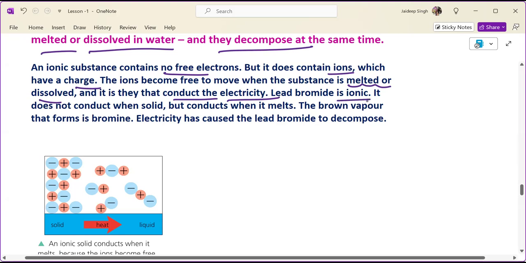Lead bromide is ionic. It does not conduct when solid, but conducts when it melts. The brown vapor that forms is bromine. Electricity has caused the lead bromide to decompose.